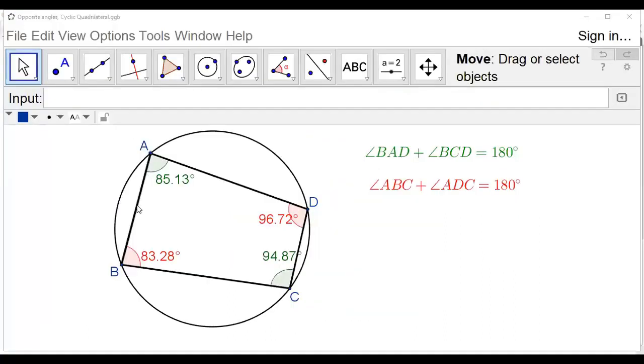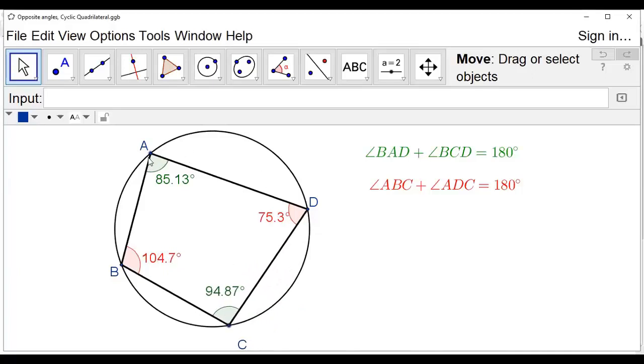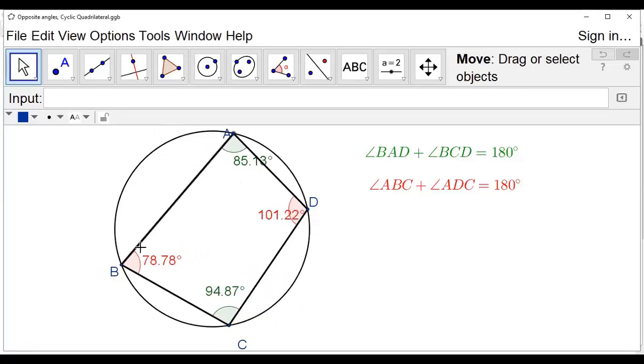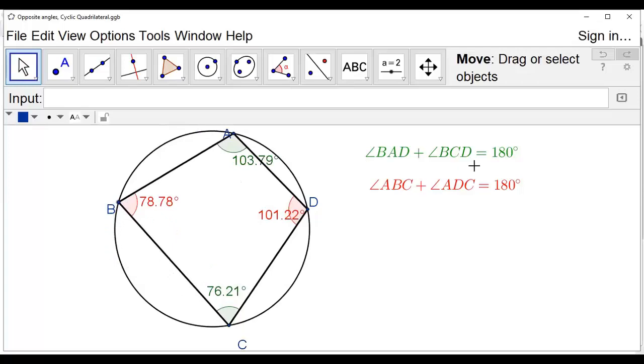So here ABCD is a cyclic quad. Whatever we change the angles, the opposite angles sum up: the green angles sum 180, and also the red angles sum 180.